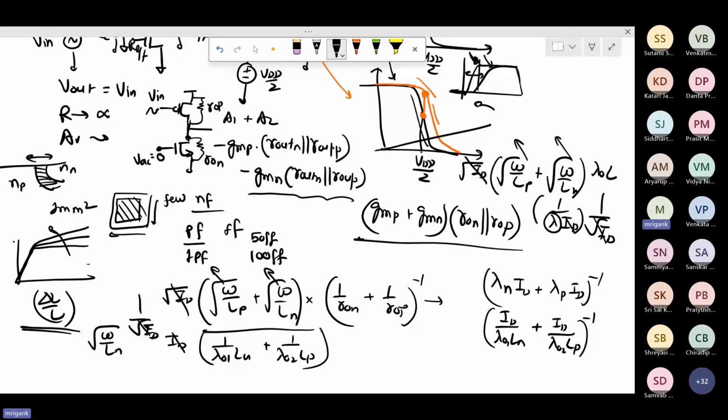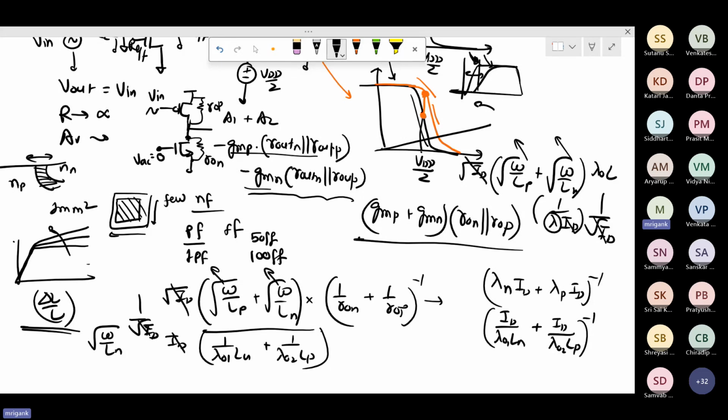If you want more clarity, you can just look at the individual sides. So gmP will be dependent upon root under W by L and ID, and ROut, ROP and RON will also depend upon 1 upon lambda ID. So the individual gains also follow the same trend, right? In this case, if you increase the L, gain will be better.